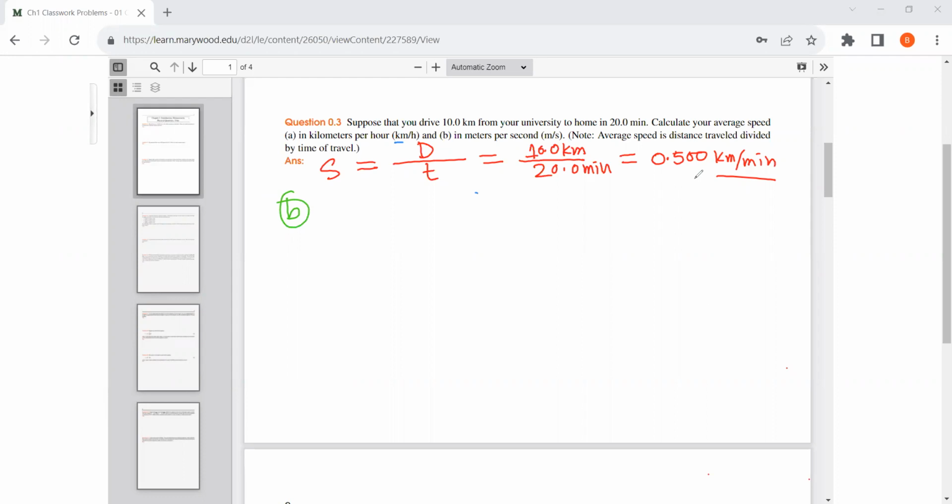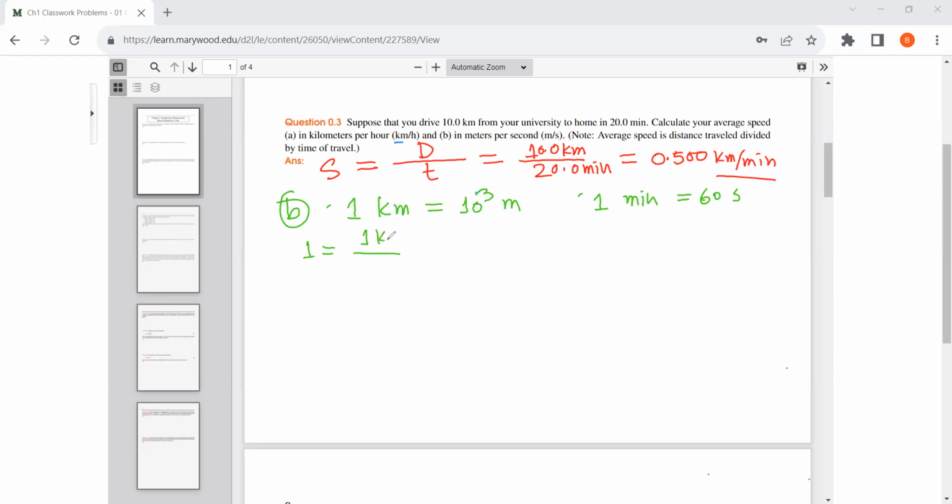We need two conversion units. One is 1 kilometer equal to 10 to the power 3 meter. From your textbook you can find this relation. And 1 minute equals 60 seconds. This is common sense, everyone knows this. Then we have to make two conversion fractions, one for each.